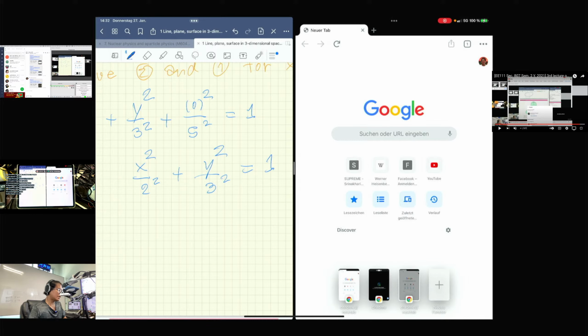Then equal. That's the left hand side: x squared divided by 2 squared, but we need to leave the parenthesis, plus y squared divided by 3 squared. And the right hand side is number 1. Once you leave number 1, you hit enter and see.